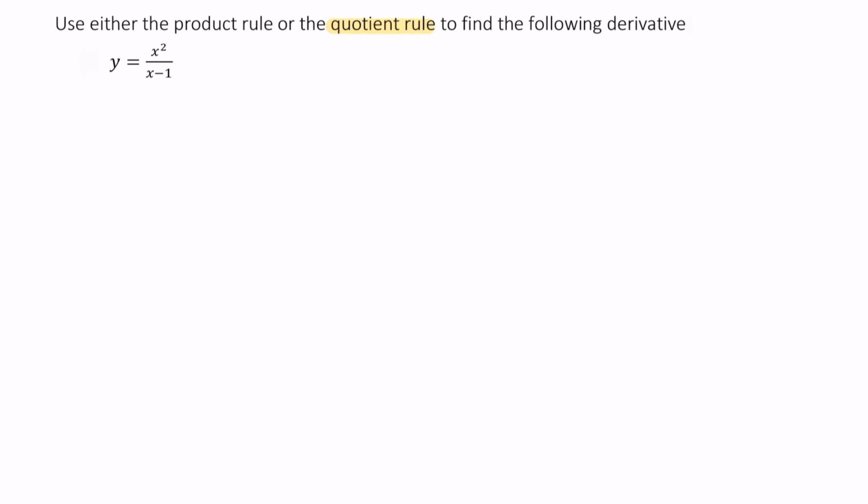Okay, so dy over dx, that's equal to... before I write this out, let's recall, what is the quotient rule?